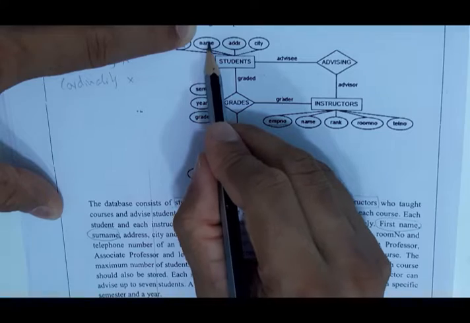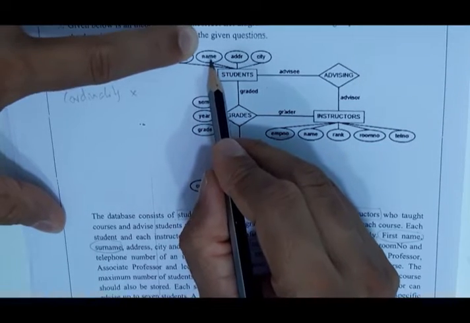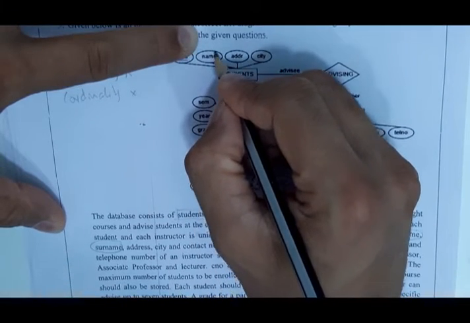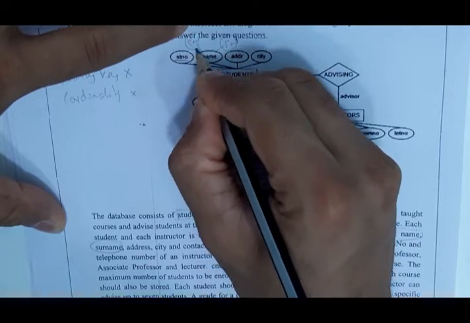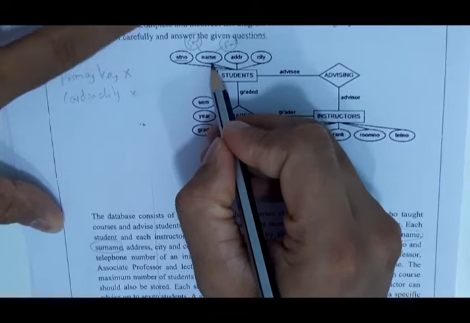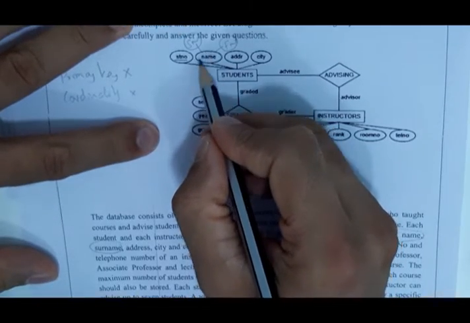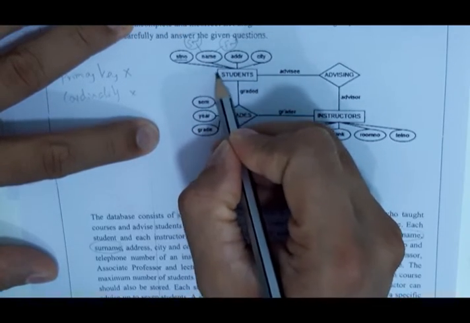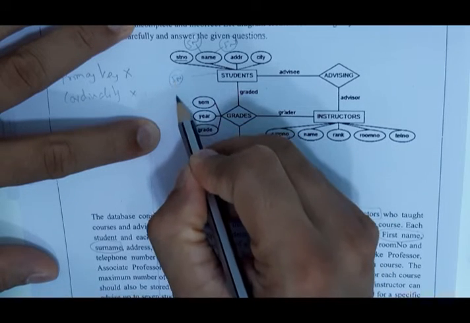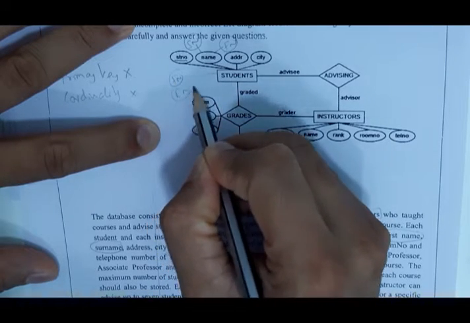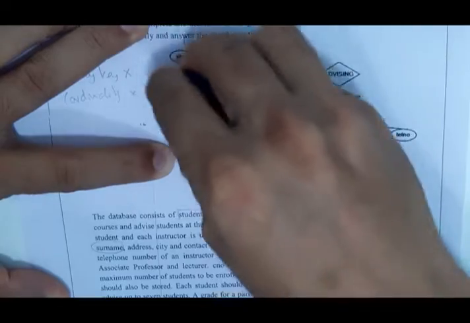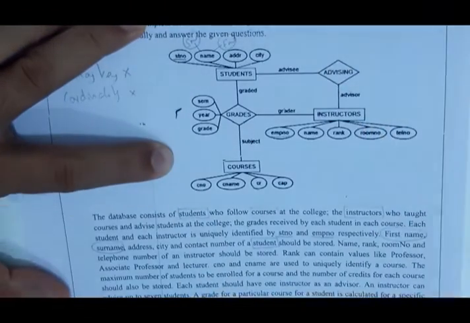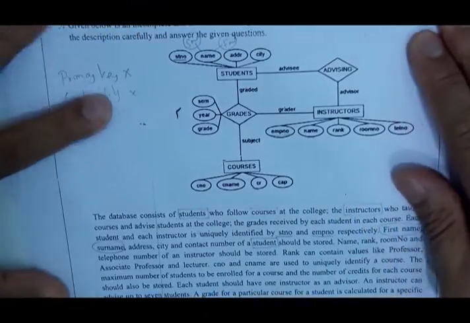So, can't I make the name attribute a composite attribute having first name as well as surname? Then the full name will be created. Or else you can remove this name attribute and add 2 separate attributes called first name and surname. That's also possible, but my suggestion is it's better to make them a composite attribute since the name attribute is already given.